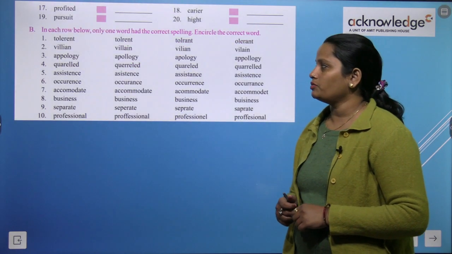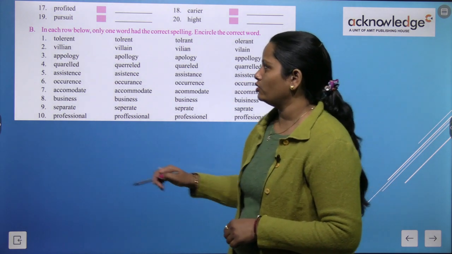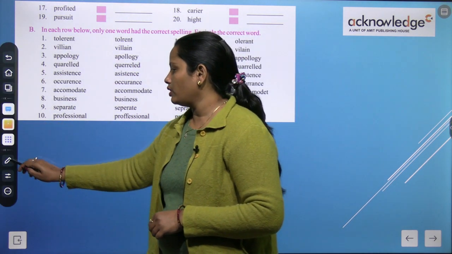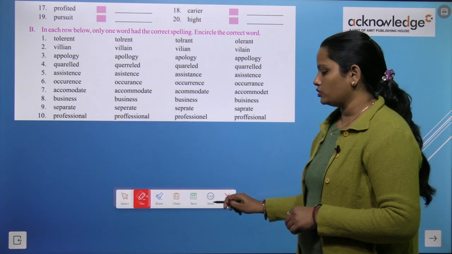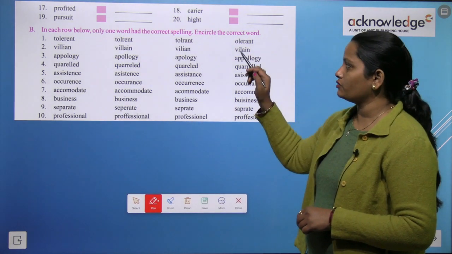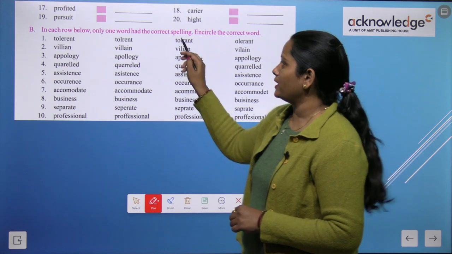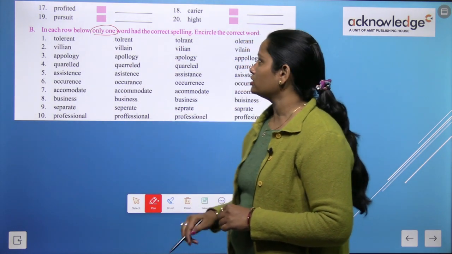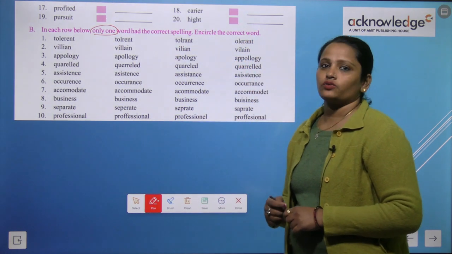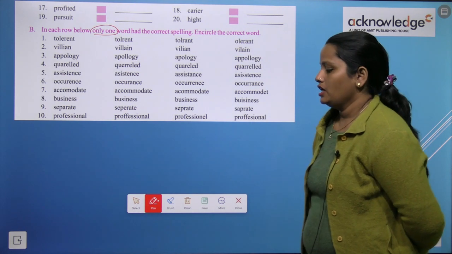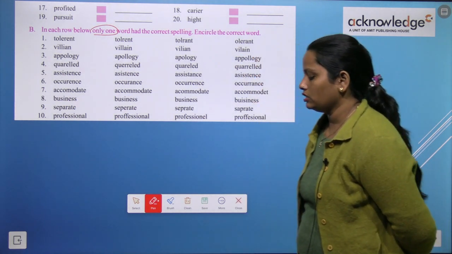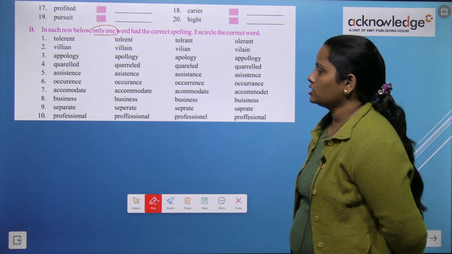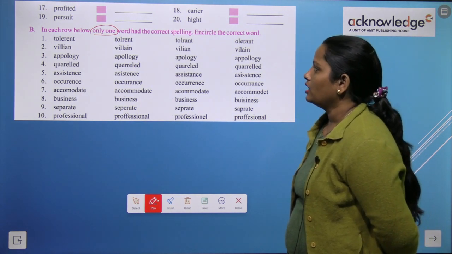Now let's come to the B exercise. In each row below, only one word has the correct spelling. So यहाँ पे कुछ words दिए गए हैं, इसमें जो है सिर्फ एक ही word है जिसकी spelling correct है, only one word. Encircle the correct word. So जो correct word है सिर्फ उसे circle करना है. So first is tolerant and tolerant.